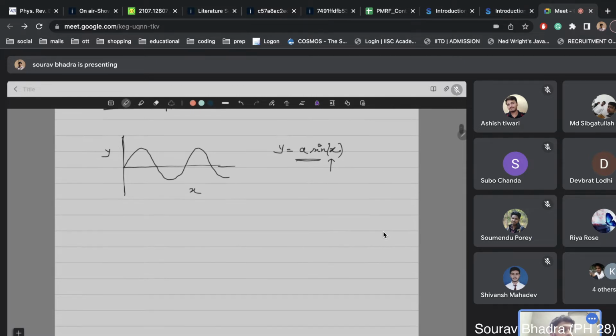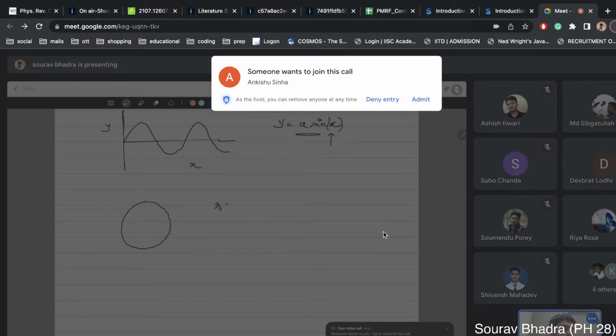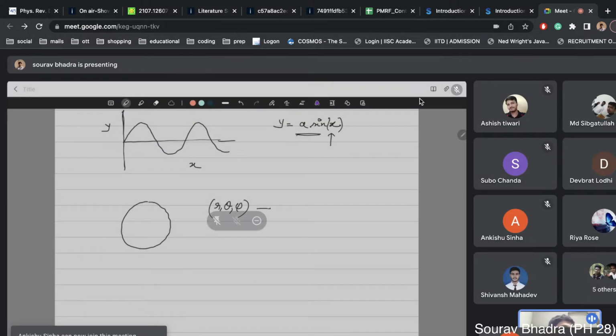Similarly, the second question was the degrees of freedom of a particle moving on the surface of a sphere. For a sphere we need the r, theta and phi coordinates, so three coordinates to define a point. But as the particle is moving on the surface of the sphere, the distance from the center is always fixed, as it cannot enter into the sphere.